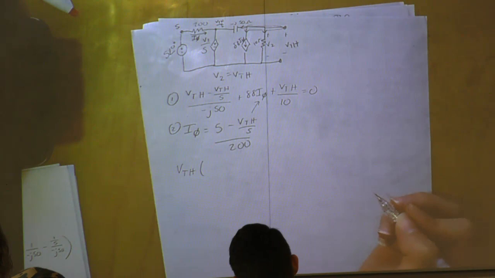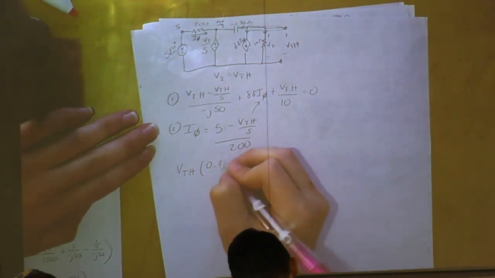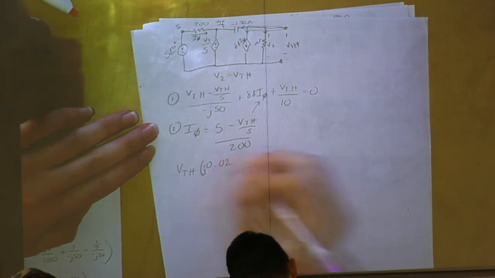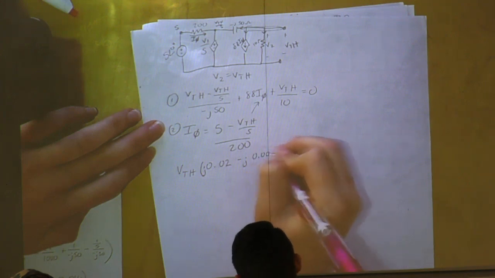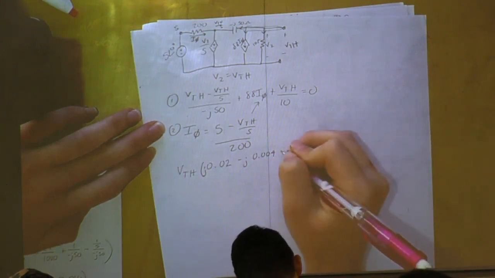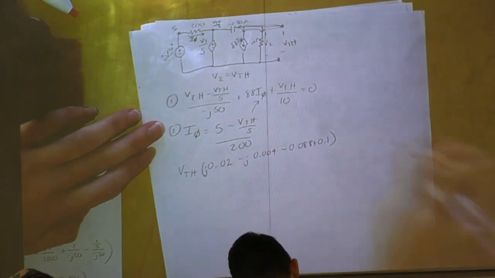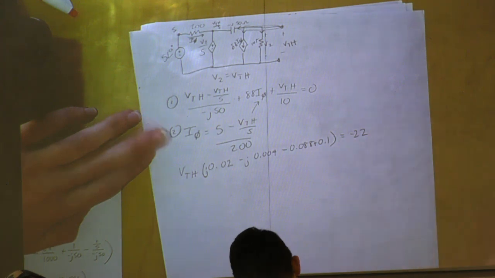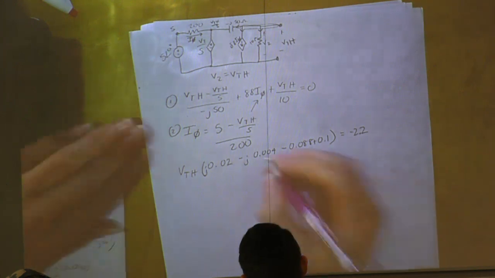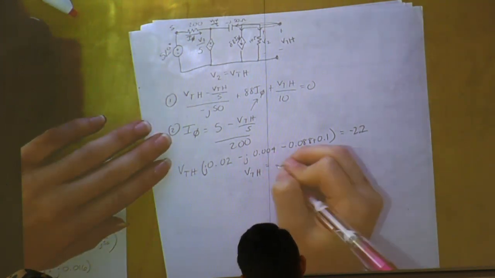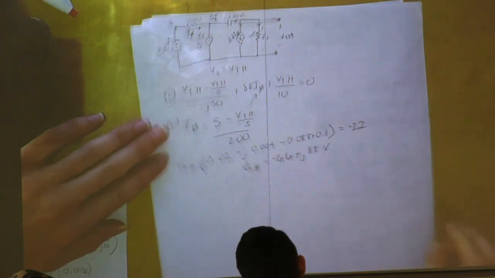We won't do the algebra, but once you pull out VTH after plugging in I phi, it comes out to 0.02J minus J0.04 equals negative 2.2, my bad. So our VTH after solving this comes out to negative 66 plus J88 volts.